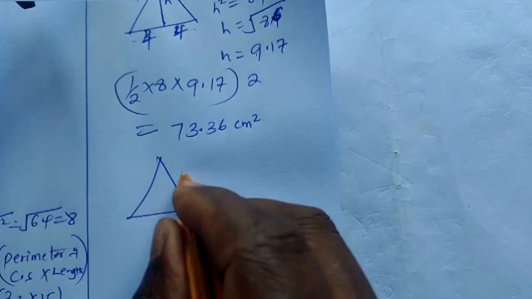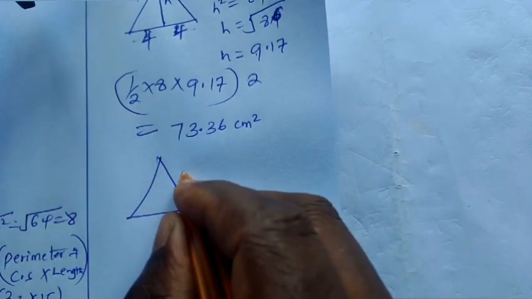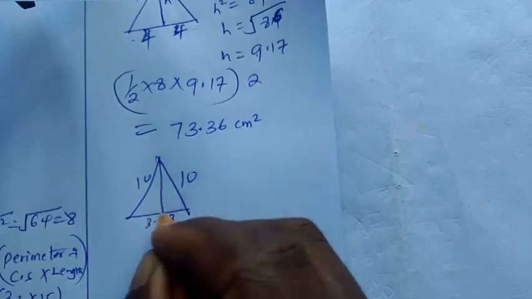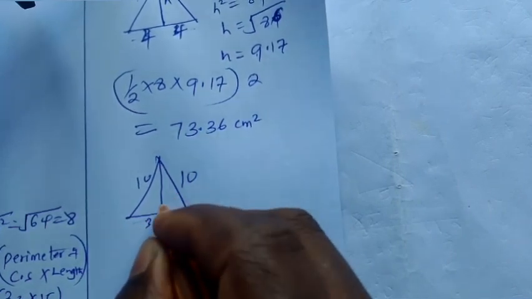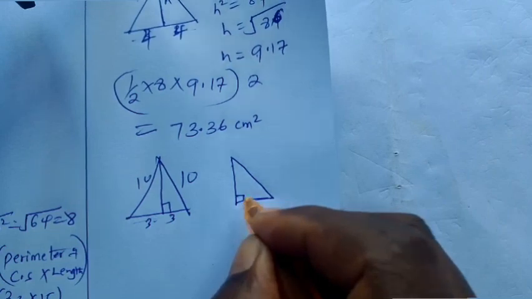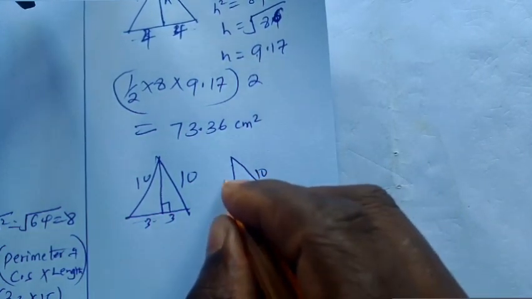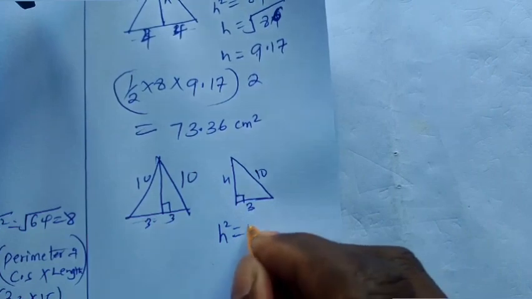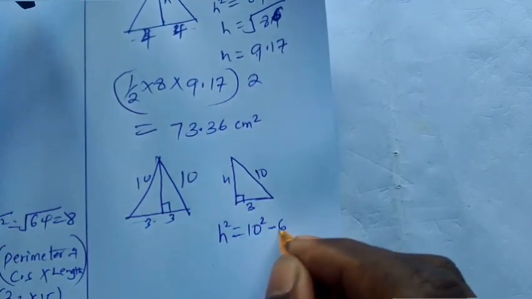This is a 6, this is 10, 10, 6. So you divide by 2, 3, 3. We have this right angle triangle. It is important to understand very well Pythagoras theorem. H squared will be equal to 10 squared minus 3 squared.